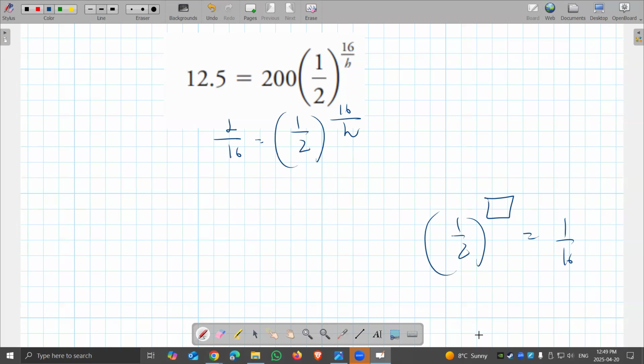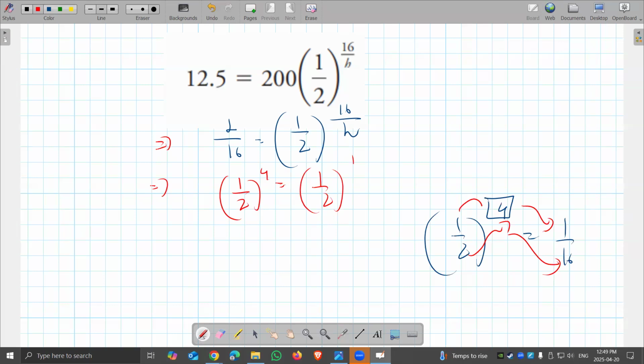Power 4. Remember how exponent power works? 1 to the power 4 is 1, and 2 to the power 4 goes in the denominator, 16. So 1/16, you can write that as 1 over 2 to the power of 4. If you couldn't, you would use logs, not the end of the world. So this one becomes 1 over 2 to the power of 4 equals 1 over 2 to the power of h. All right, what's the next step?